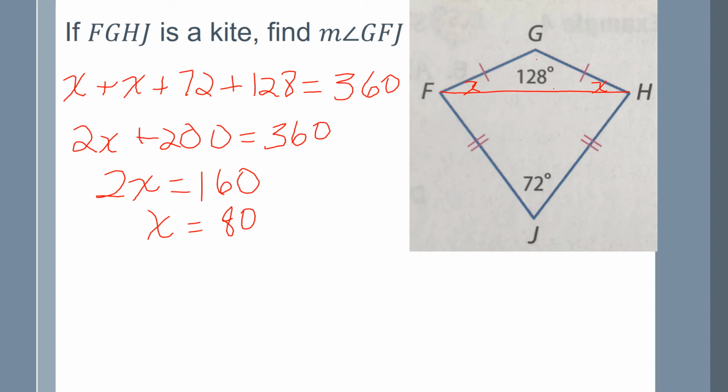So that would be 52, and half of 52 is 26, so this would be 26. Same rule here, 72 degrees, that would be 108, that would be 54. If you add 54 and 26, you end up with 80. So there's a couple different ways of doing this. None of them are wrong, but it depends on what information is given to you and what method you want to use to solve.